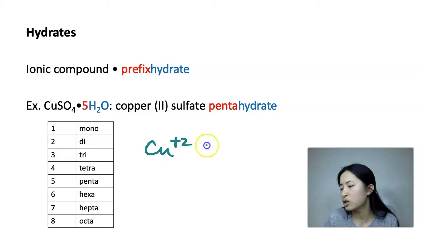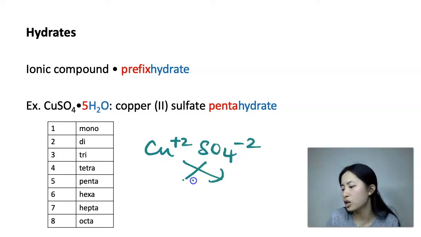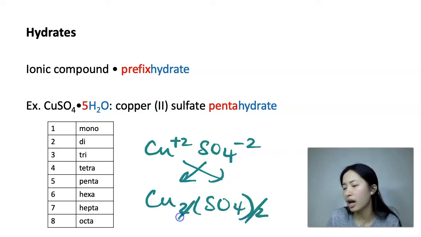And we know that sulfate carries a charge of -2. When you cross over their oxidation numbers, you end up with Cu2(SO4)2. However, you can cancel out the 2 and you end up with CuSO4, which is copper(II) sulfate, because copper is multivalent.